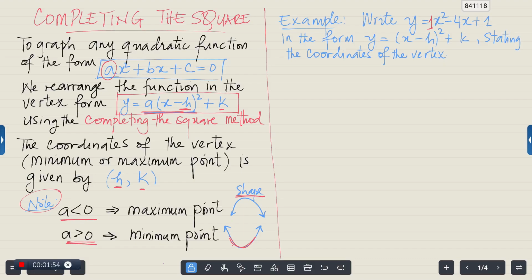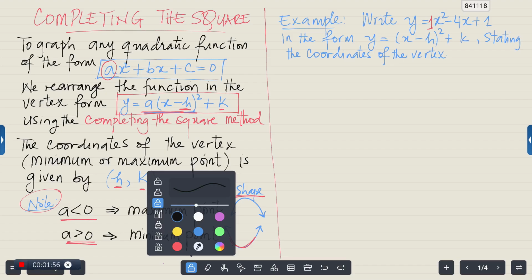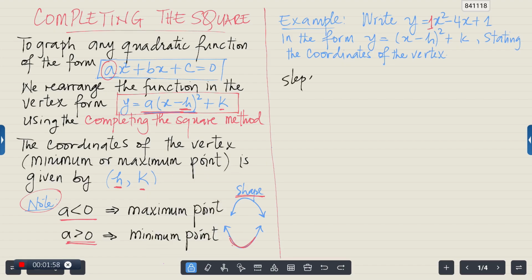So, step 1. We identify the coefficient of x. And we can clearly see that the coefficient of x here is minus 4.